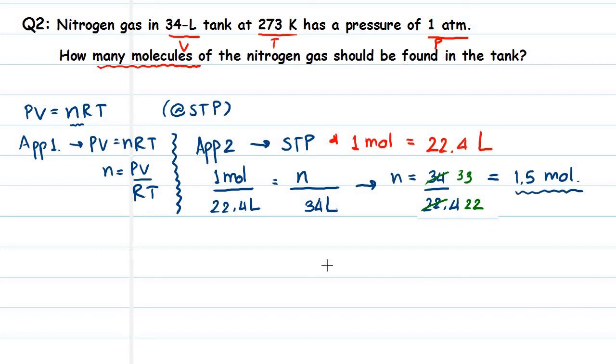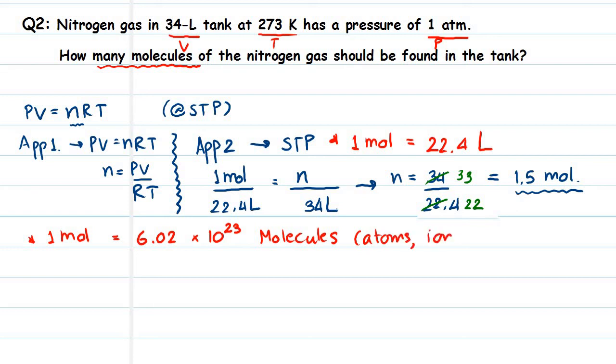Alright, and from here we also know that 1 mole has 6.02 times 10 to the 23rd molecules. Actually, it could also be atoms, ions, or whatever you need.